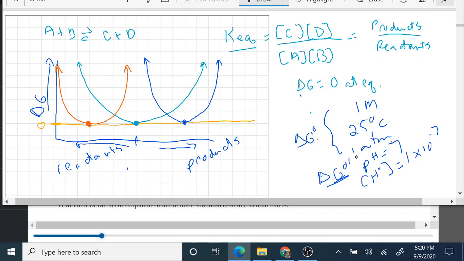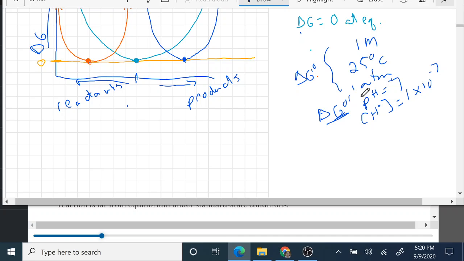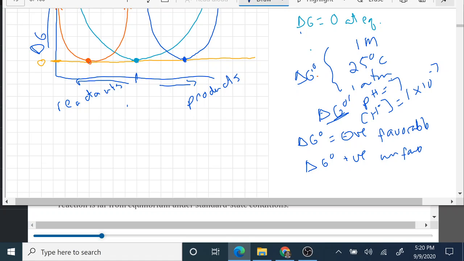And so if our delta G naught is negative, remember, if our delta G naught is negative, that means the reaction is favorable. And if our delta G naught is positive, that means the reaction is unfavorable.